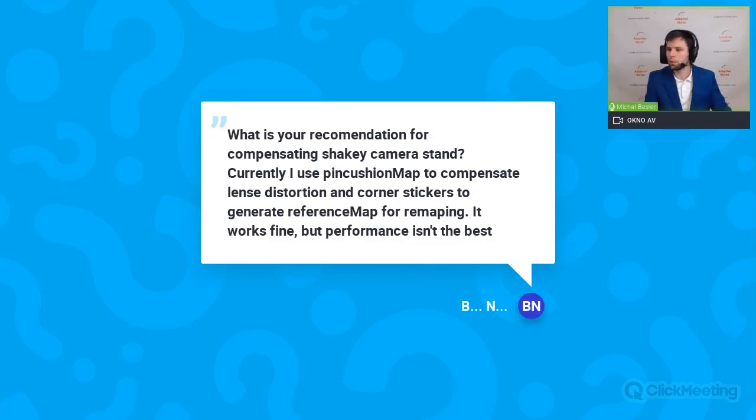Maybe one more last question, because we are already over time. Okay, what is your recommendation for compensation of a shaking camera stand? Generally speaking, we have to create our setup so that it will not move, and most of the shakes should be removed mechanically, because otherwise it will be extremely hard to perform a very reliable and precise calibration routine.